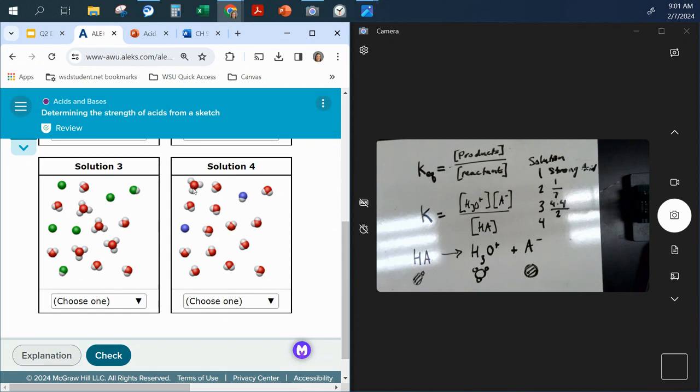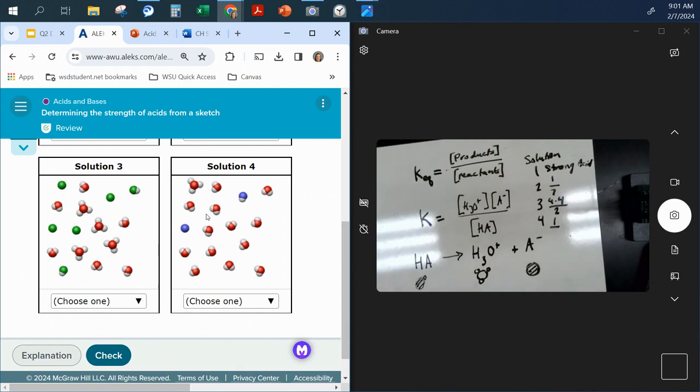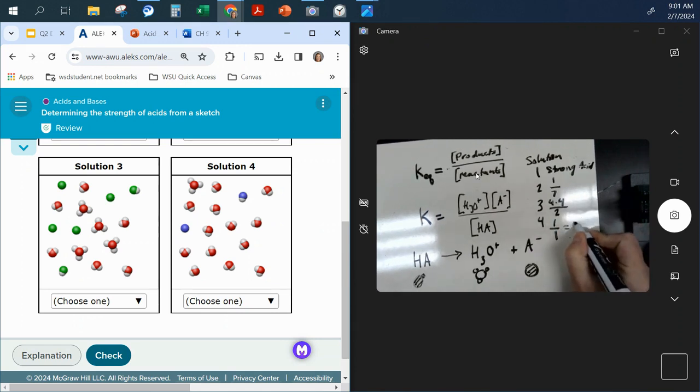We have 1 and 1, so that's 1 for hydronium and conjugate base, and then we have only 1 original acid like this. So 1 over 1. Well, that was boring. So this one's 1.